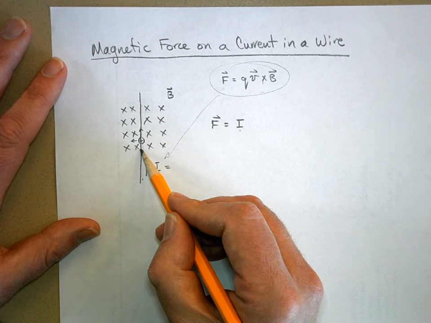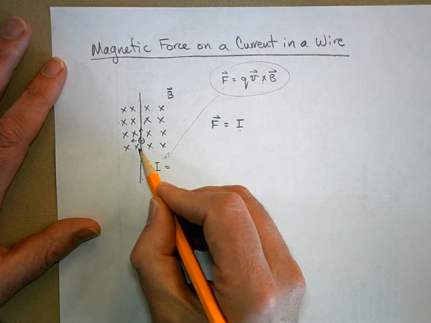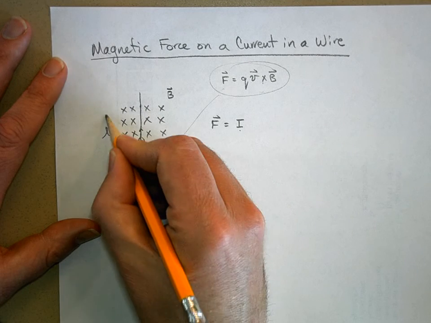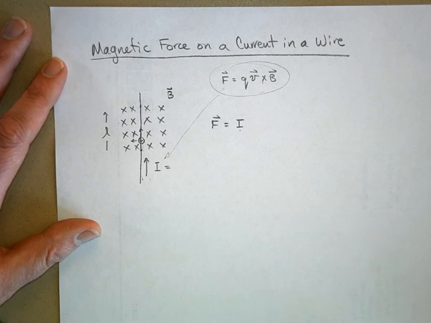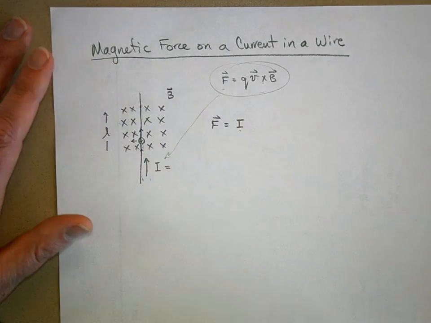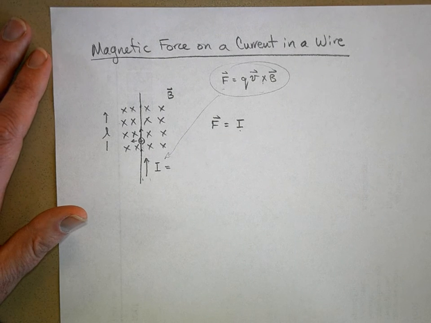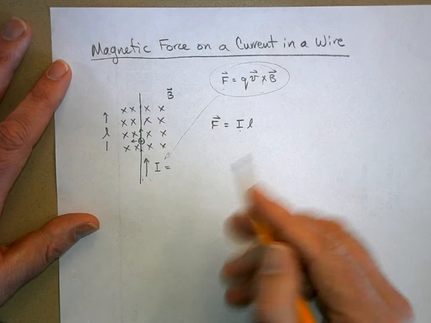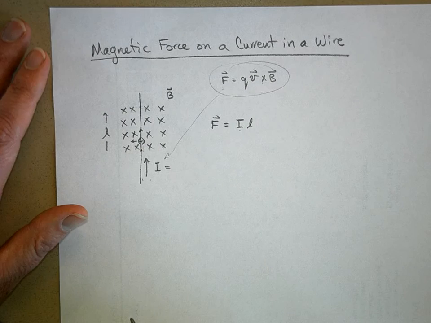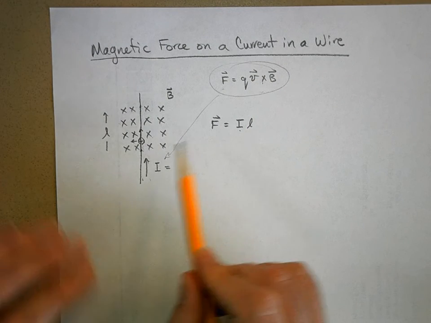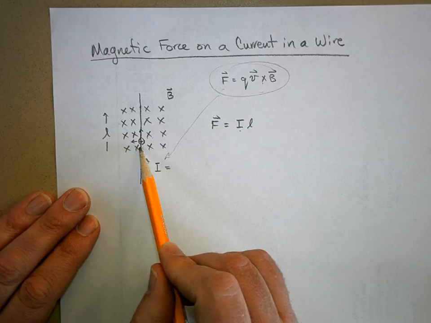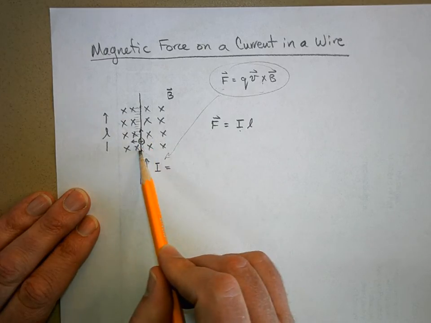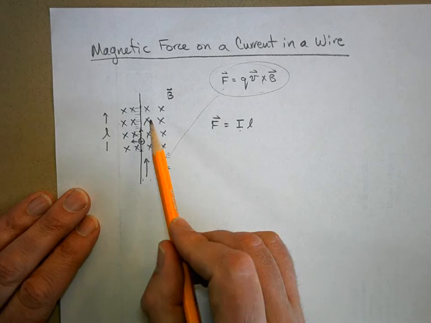The charged particles are going to move from here up to here, and I'm going to call that L. And that's the displacement of the charged particles. And then it's going to depend on, and that makes sense, doesn't it? If I'm adding up all the little forces, the longer the wire that's in the magnetic field, the more force I'm going to get.